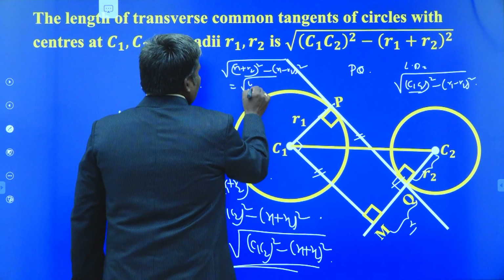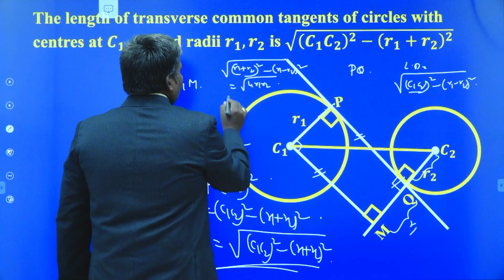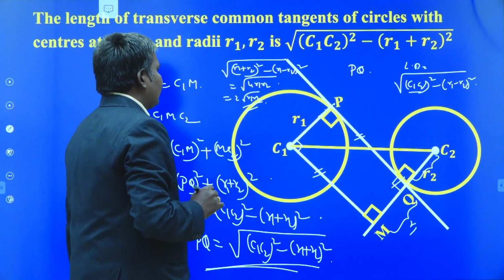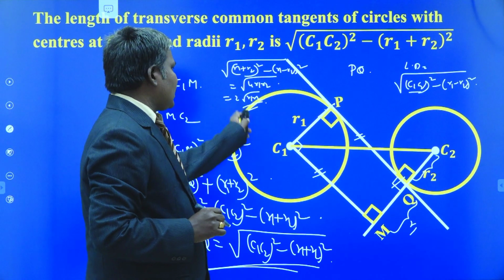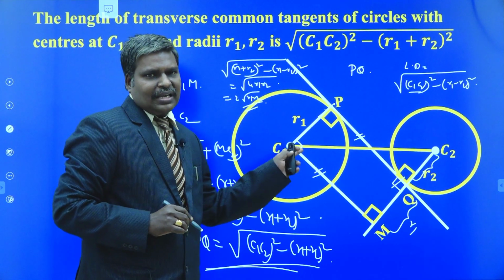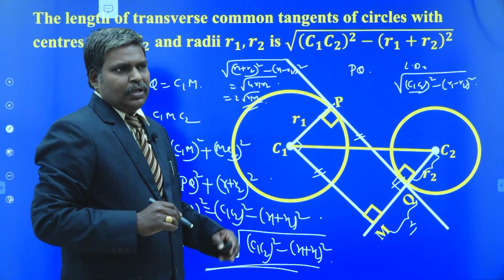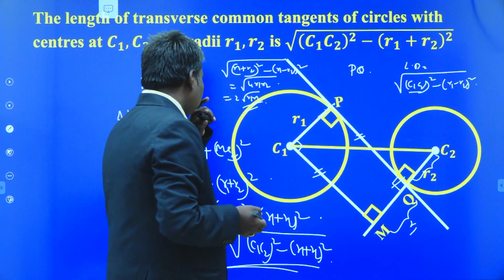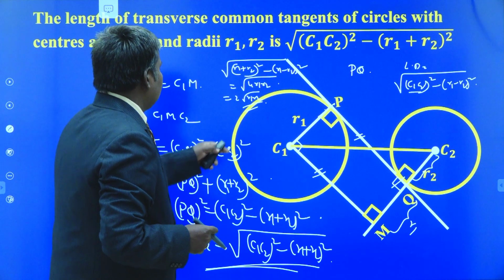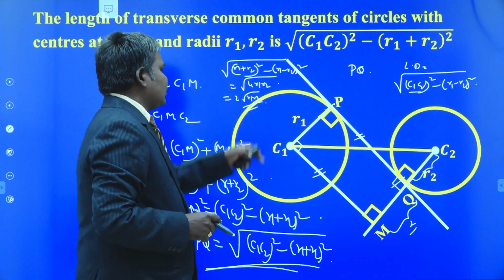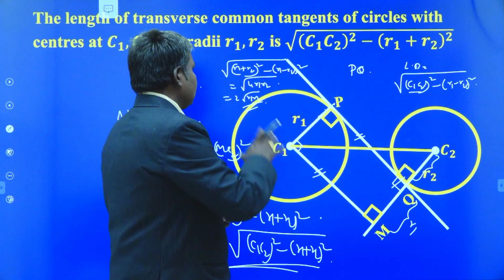This is nothing but root of 4R1R2, which means 2 root R1R2. 2 root R1R2 is the length of the direct common tangent of the two given circles when they touch each other externally. So this is the condition.